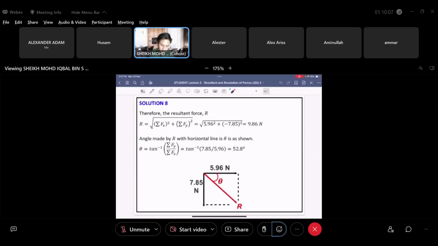If the question wants the horizontal component, you use the angle here. If it wants the vertical component, use the angle here, or you just use sine theta, and so on to find the magnitude here. So, okay, that's for question 8.